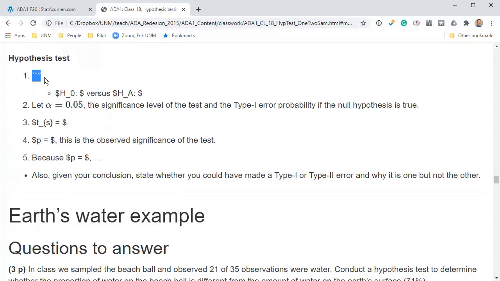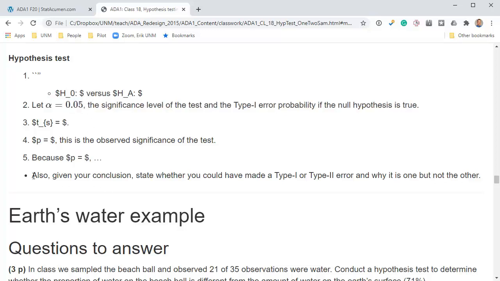So go ahead and make your statement in terms of the students in our statistics class being taller, or the mean being greater than the US population, and specify those down here as well. And then fill in the t-statistic, fill in the p-value, make your conclusion based on whether the p-value is less than or greater than alpha.